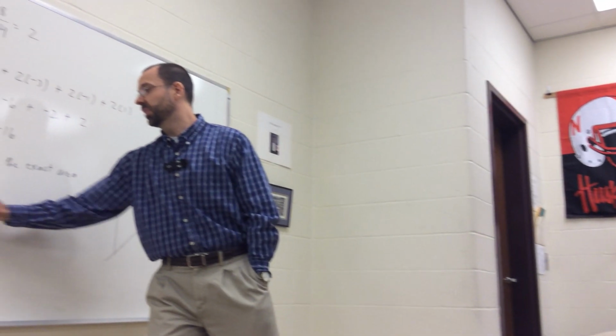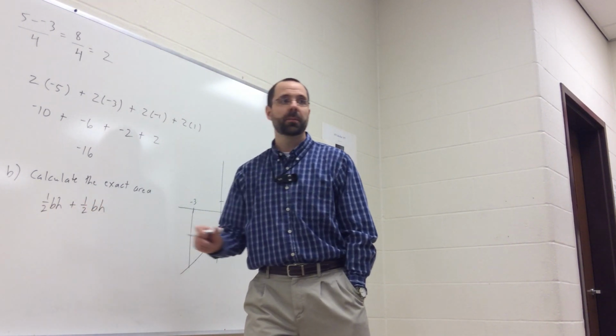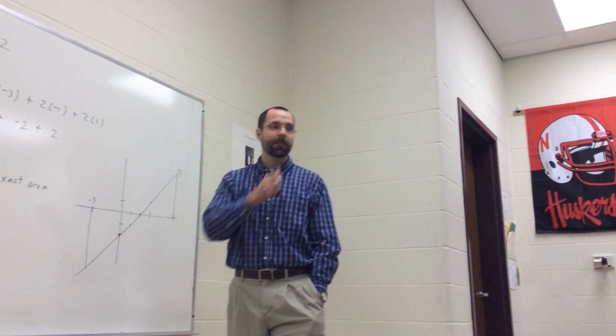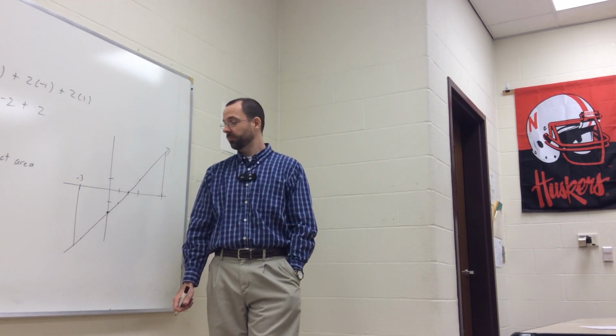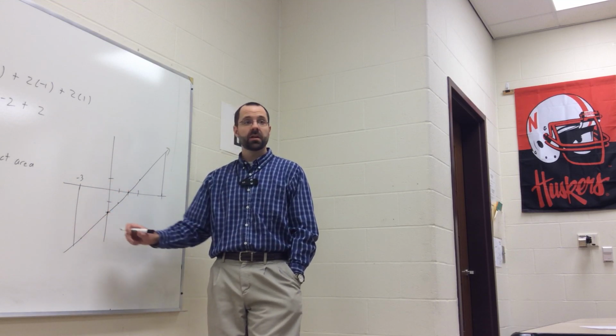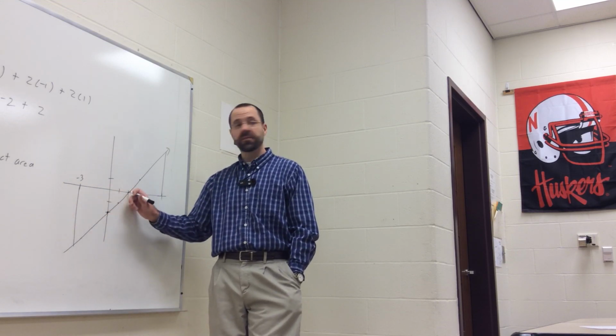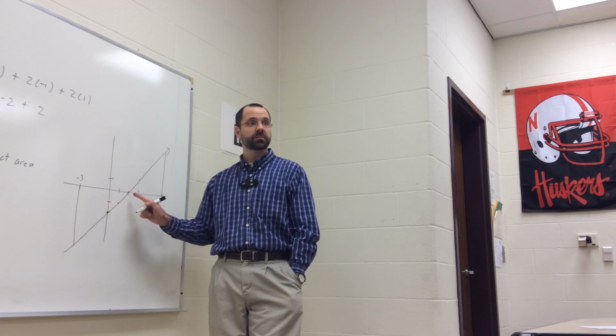So 1/2 base times height plus 1/2 base times height. Okay, this triangle here, the base of it is 5 because it goes from negative 3 to 2.